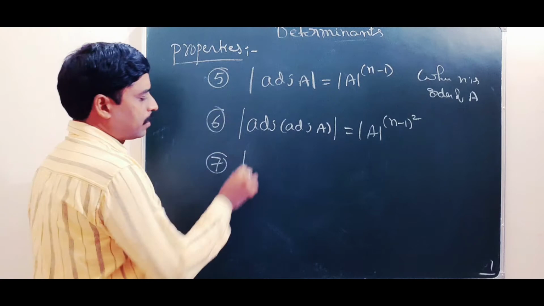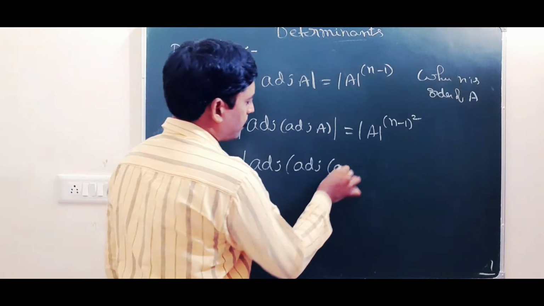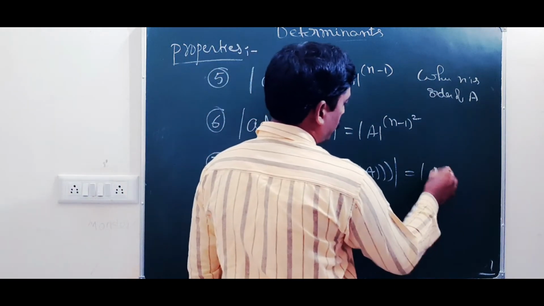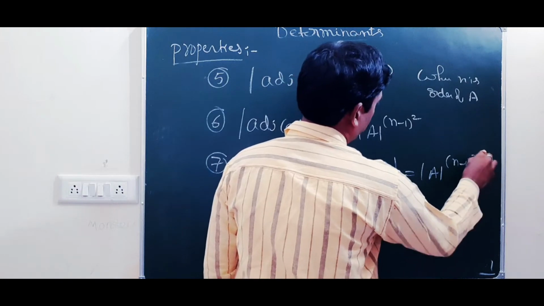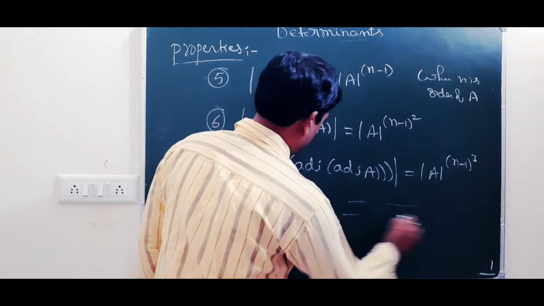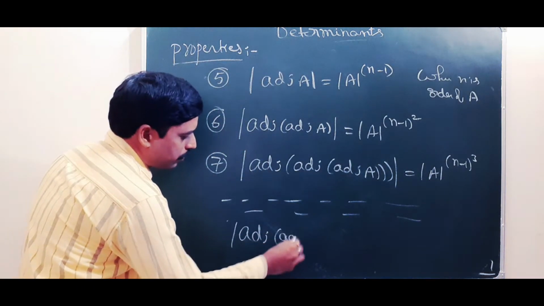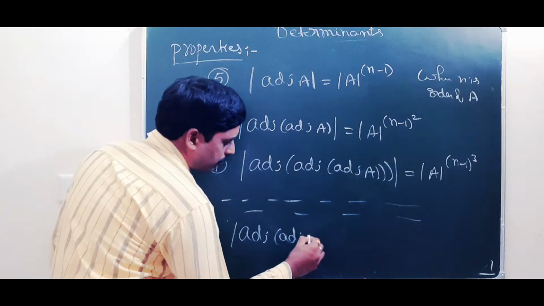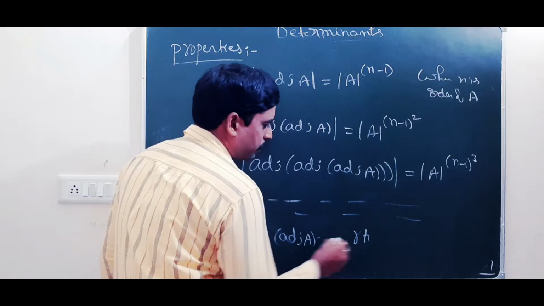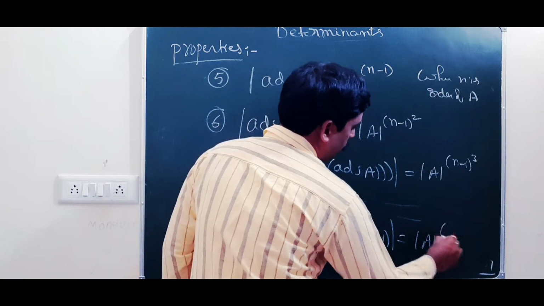Next property: det of adjoint of adjoint of adjoint A will be det A power n minus 1 whole cube, and so on. Up to r times adjoint of A, it will be det A power n minus 1 power r.